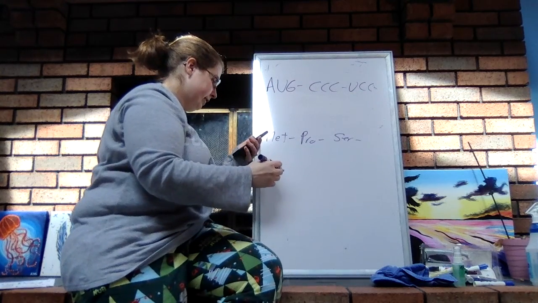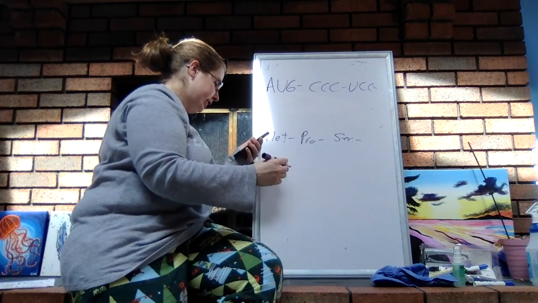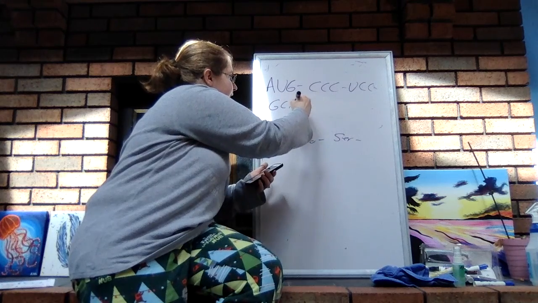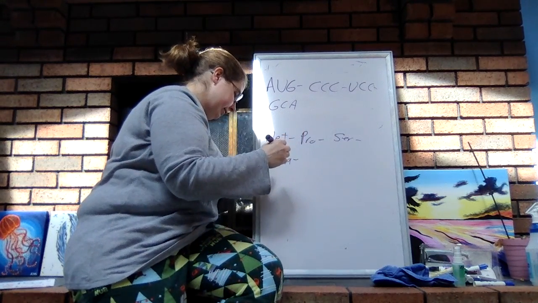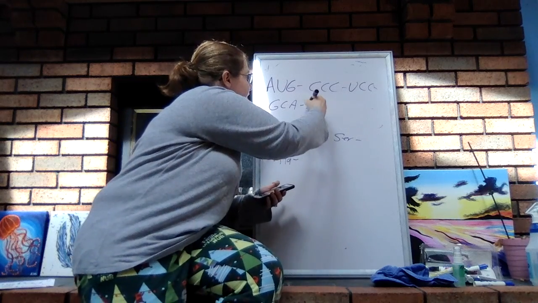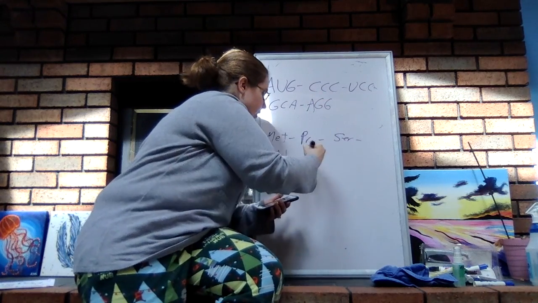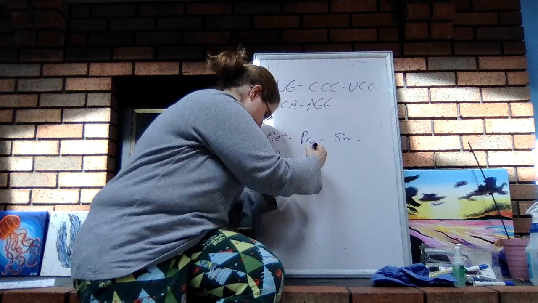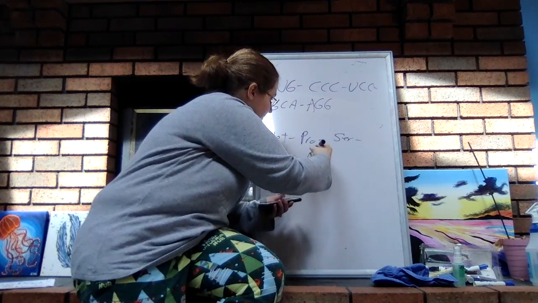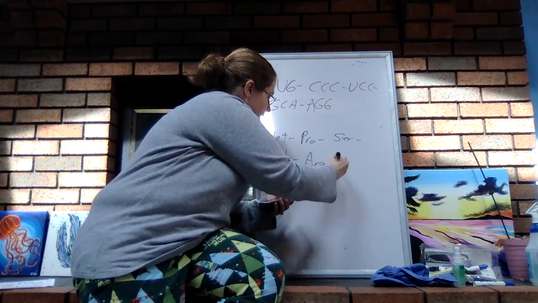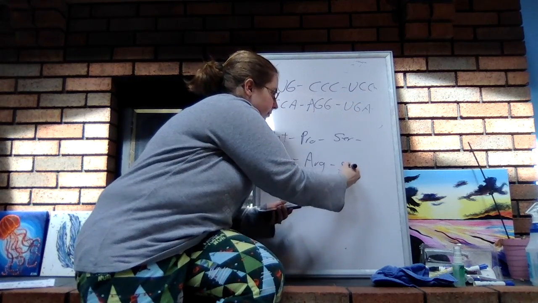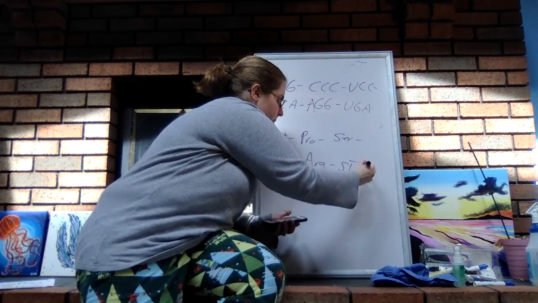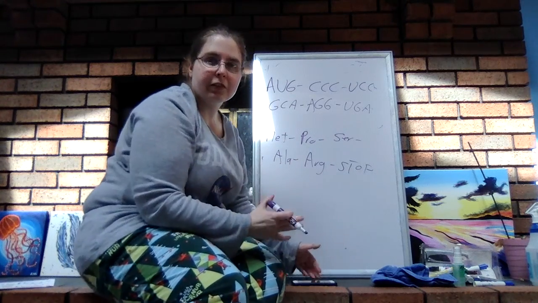Then we have GCA, which is alanine. Then we have AGG, which is arginine. And then we have UGA, which is stop. So let's say that is a particular sequence.